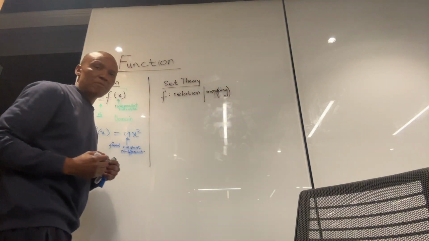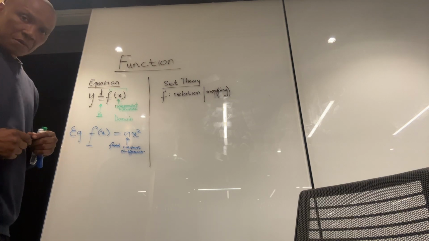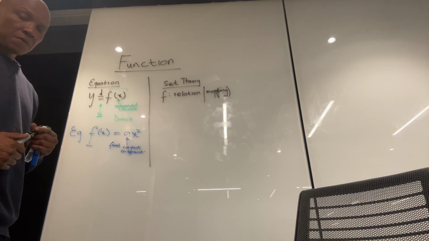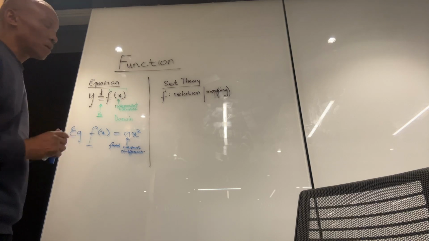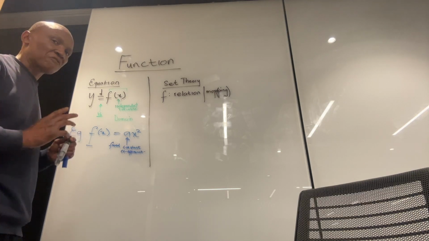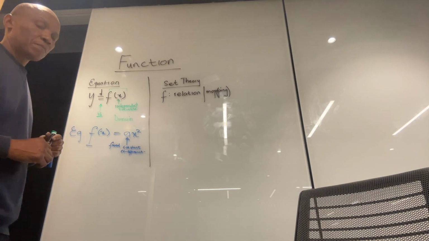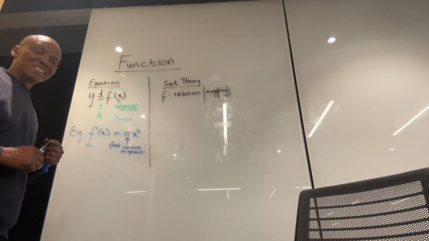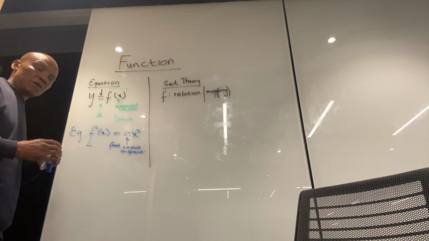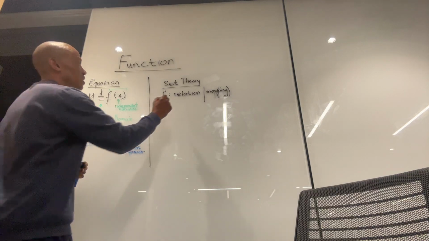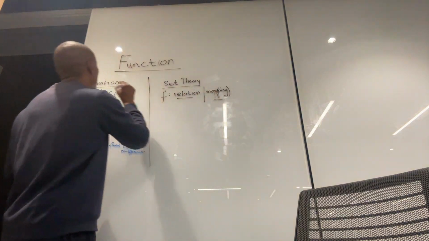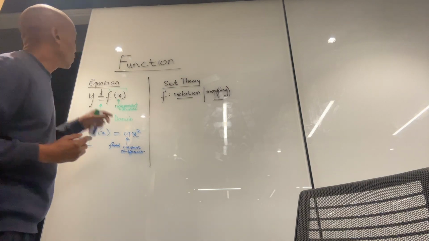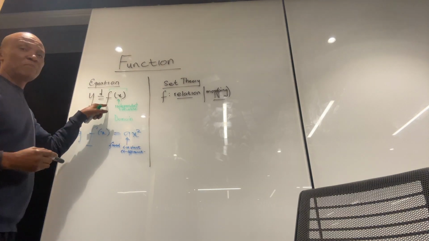You can say it's a map or mapping. That's the other way of thinking about f. Usually when you say function, it is in the form of an equation, but you'll see the words relation, mapping, function. You can use them interchangeably. You can say this f is a mapping.